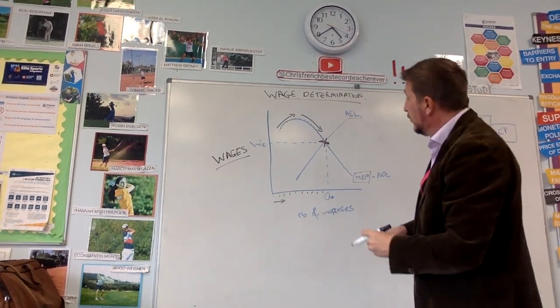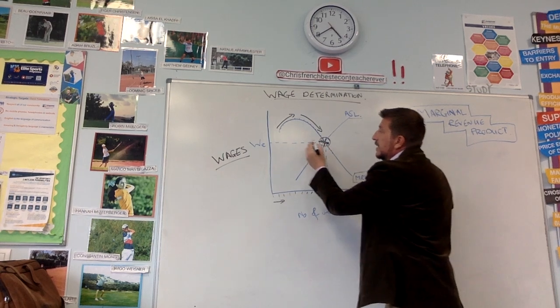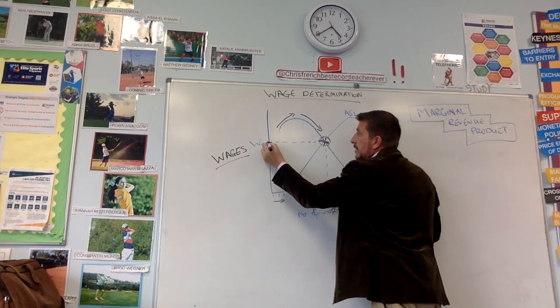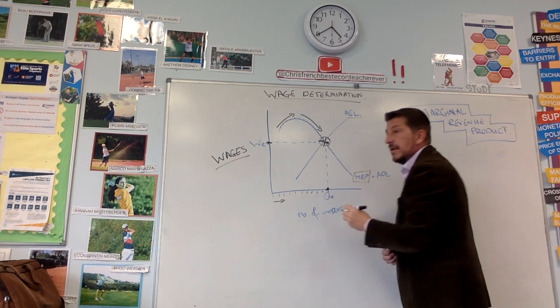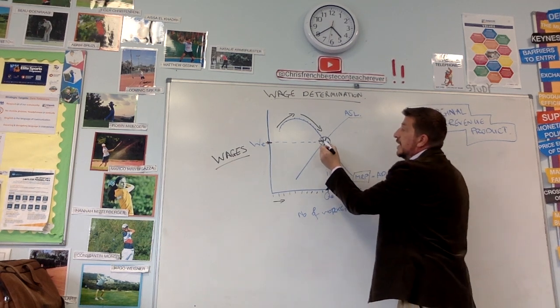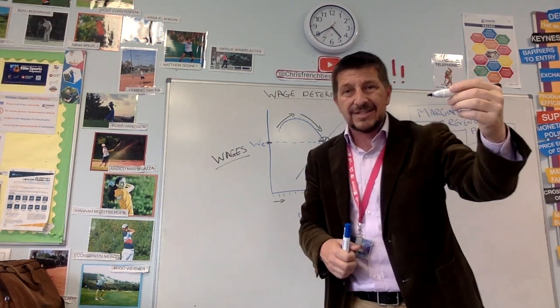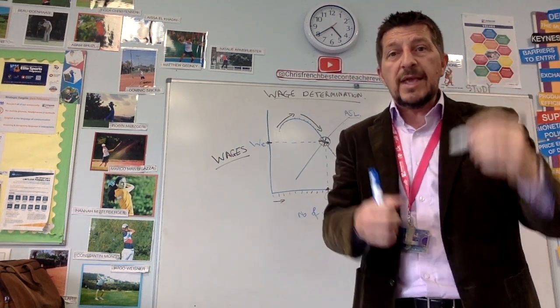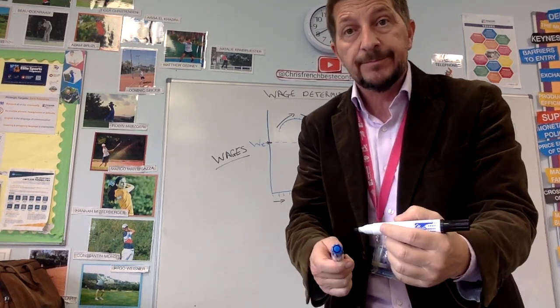And what this does, it creates this equilibrium point in the middle of this diagram where it says at this wage level, with this number of workers, that is where the additional value that each worker adds will be equal to the cost of employing that worker.